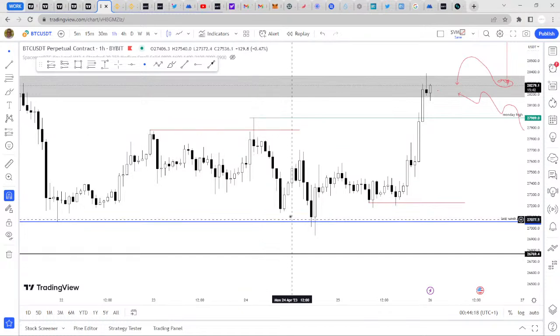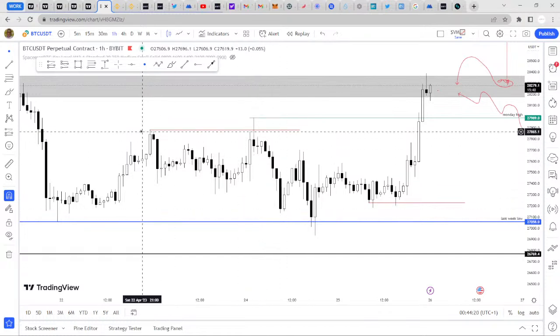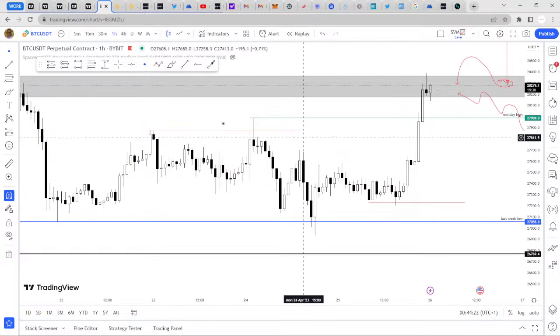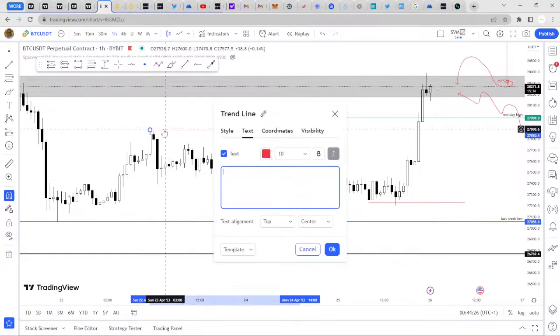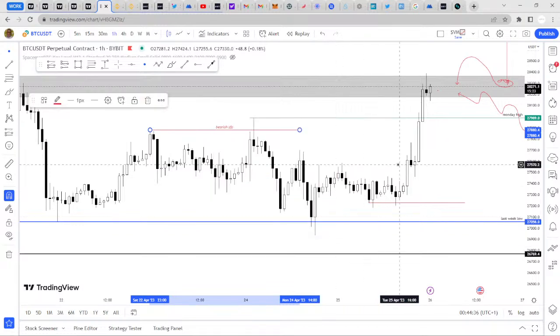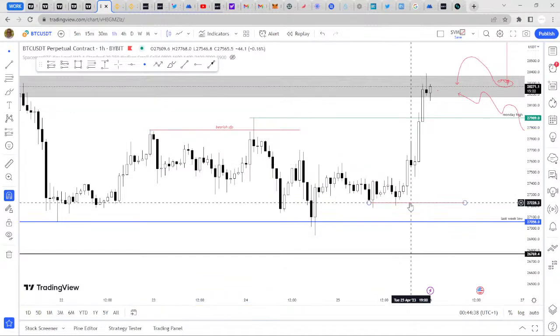We had a series of down moves. So this one is the opposite of this. We call this one a bearish SFP, and this one is a bullish SFP.